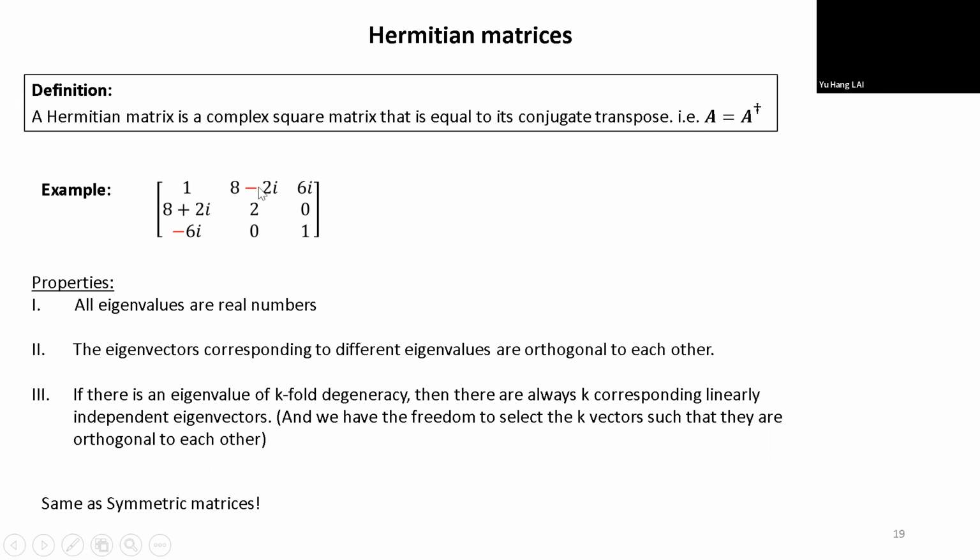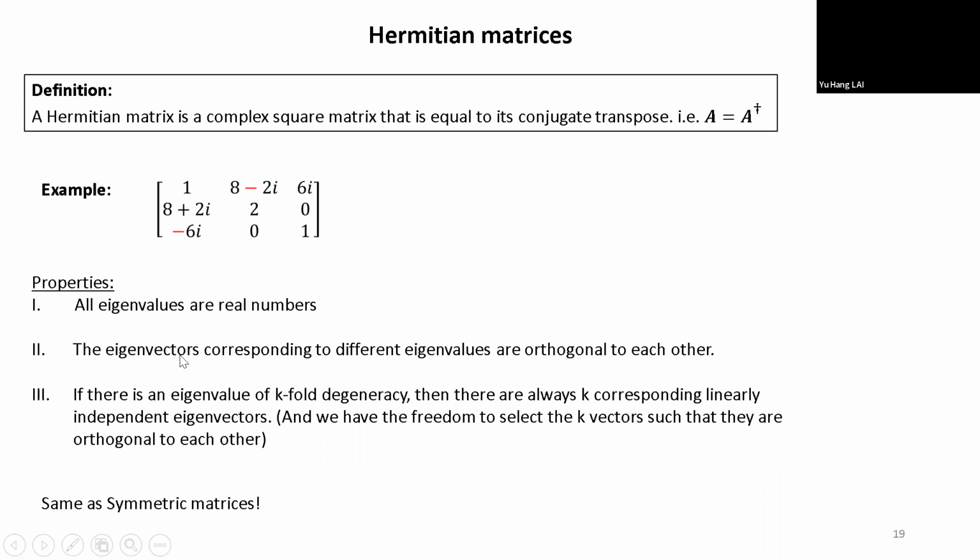If I'm going to find the eigenvalues, it looks like I'm going to deal with a polynomial that contains complex numbers, but at the end, all the eigenvalues are real numbers. It is because any complex number in the matrix always comes with its conjugate. So this is the first nice property.